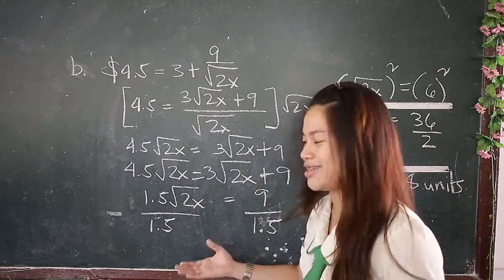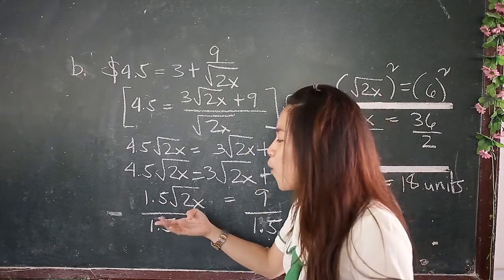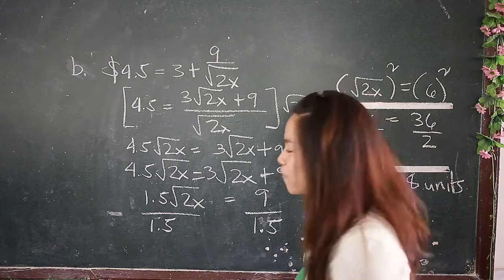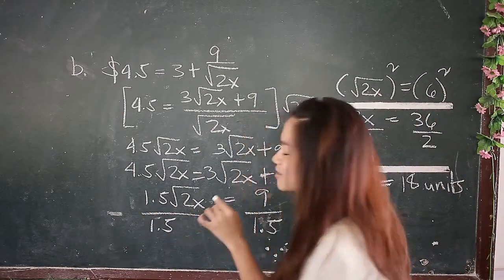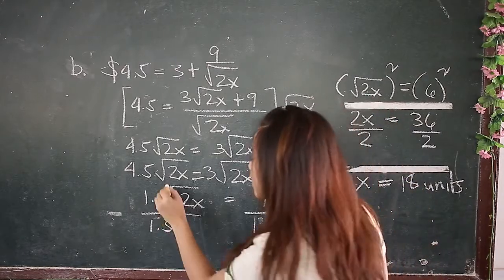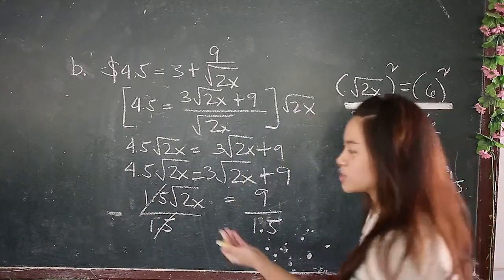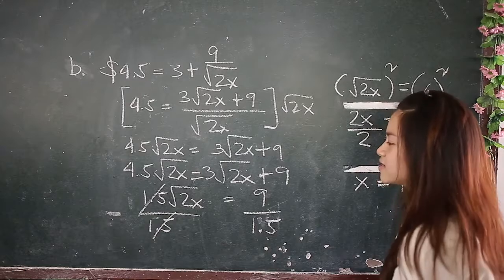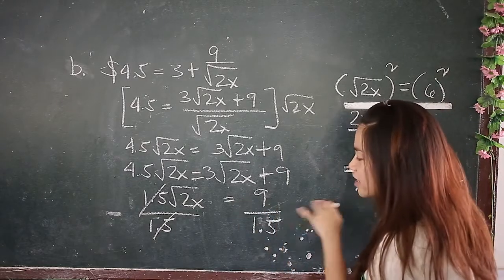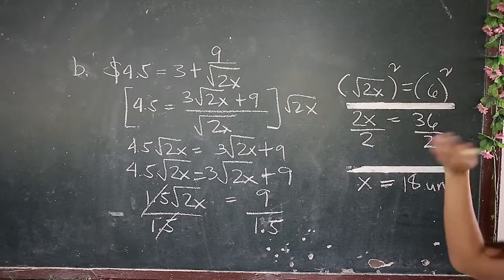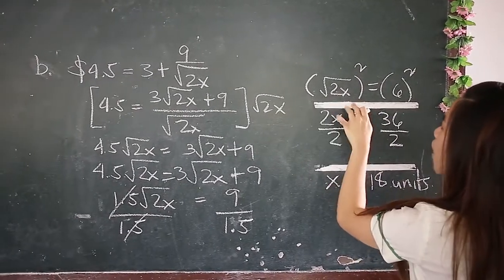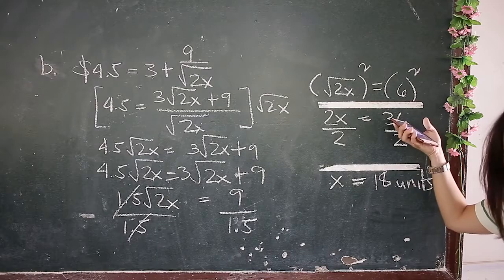You're going to divide by 1.5 in order for 1.5 to be cancelled out. So 1.5 square root of 2x divided by 1.5, only square root of 2x remains. And on the other side, 9 divided by 1.5, so square root of 2x is equal to 6.